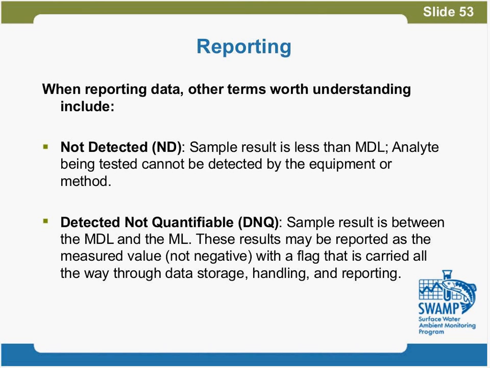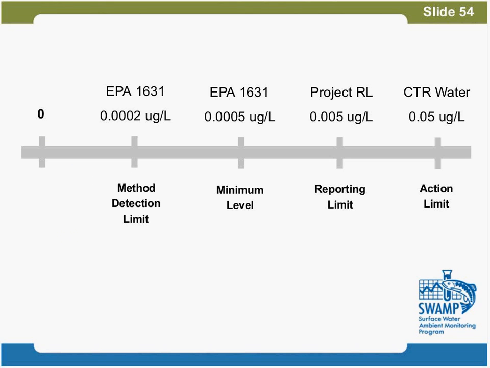And this is where your sample has been detected. Remember that MDL is detected, but it's not all the way up to the ML yet, so it hasn't been quantified. And if we go back to that example that we were using before with our total mercury in water, in this area here we have the non-detect, when the signal has not been detected by the method.